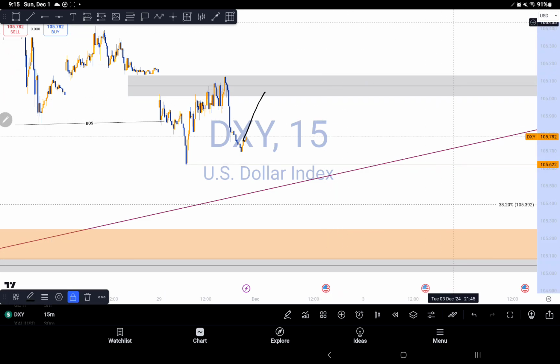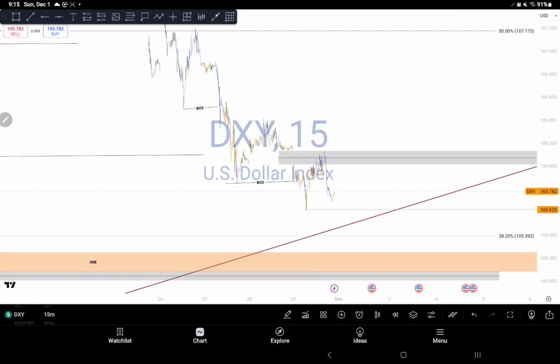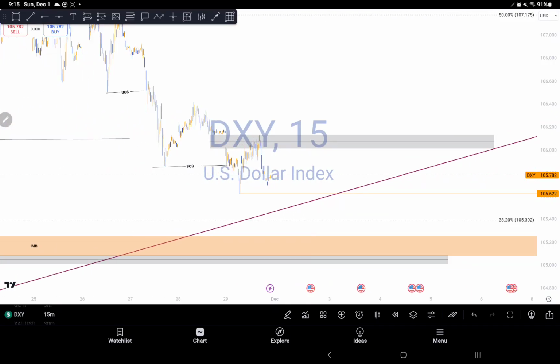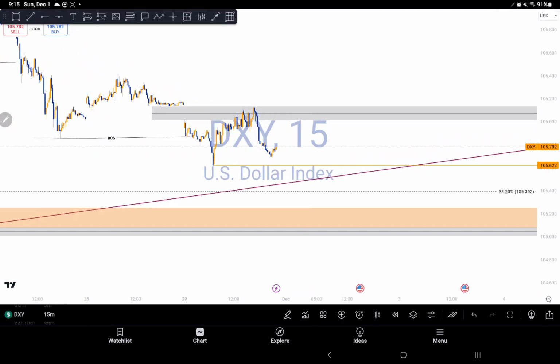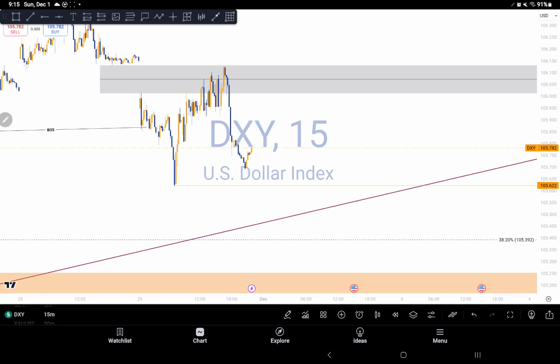So we might come here right here, then continue to tank to the downside, right? So let's just see how the market plays out, guys. But I kind of think the market is going to continue to push to the downside to maybe this trend line right here. So I just think it might come here to around this area right here.